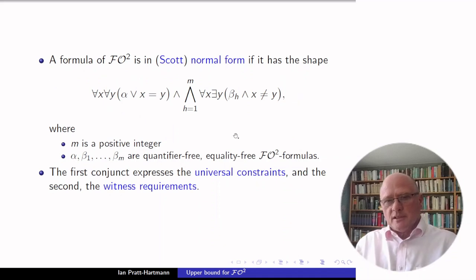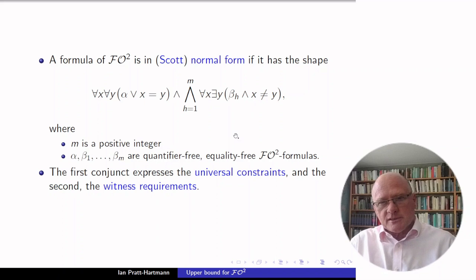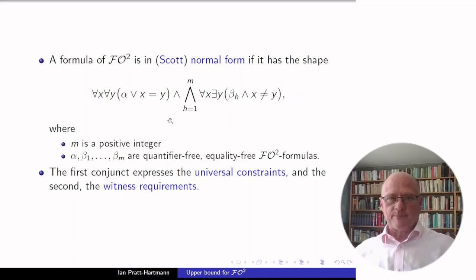Now, a formula of the two-variable fragment is said to be in Scott normal form if it has the shape shown here. Let's have a look at this. We have m plus 1 conjuncts here. The first conjunct is this thing here, it's universally quantified. It says if you take any two objects x and y, either they're equal or they satisfy alpha, where alpha is a quantifier-free, equality-free FO2 formula.